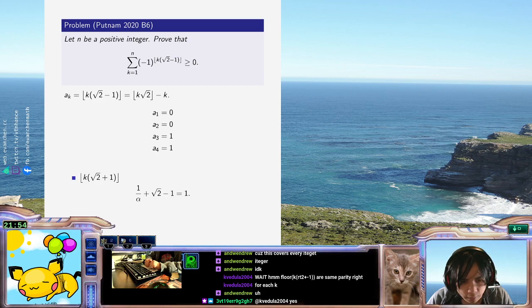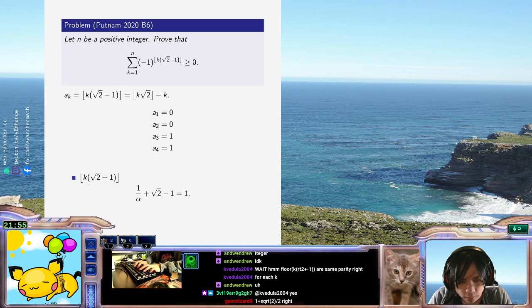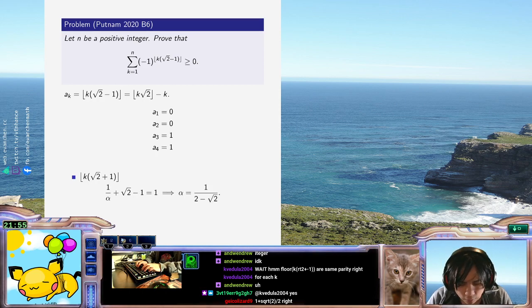And so what is the sequence? It's like alpha equals 1 over 2 minus root 2. I can't even spell. Is equal to 2 plus root 2 over 2 equals 1 plus root 2.